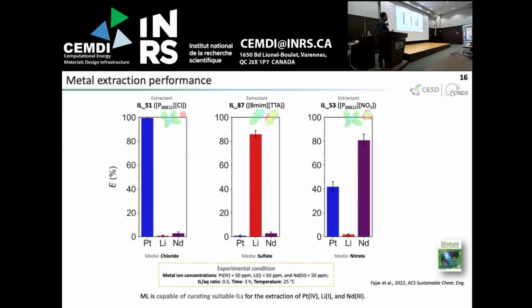But overall, we can say that machine learning is capable of curating the most suitable ionic liquid for metal extraction. And this time we can say that our ionic liquid is better than the rest of the 100 candidates that we have. Unlike the previous one, we knew that it was good, but we didn't know if it was better than the others.